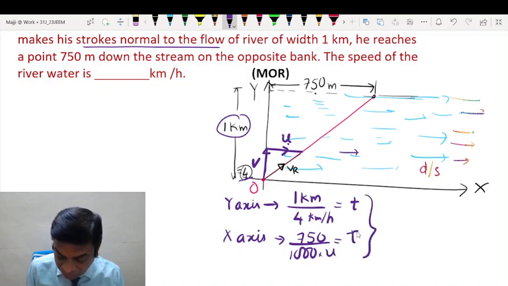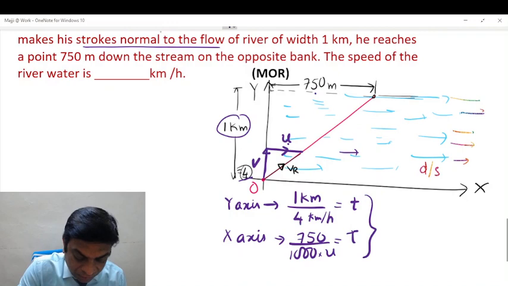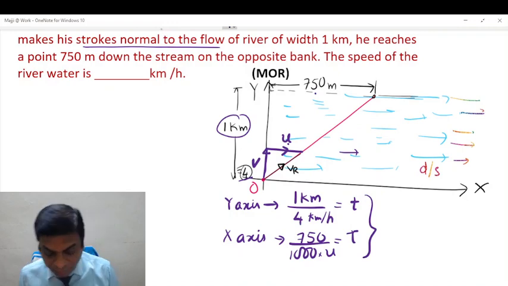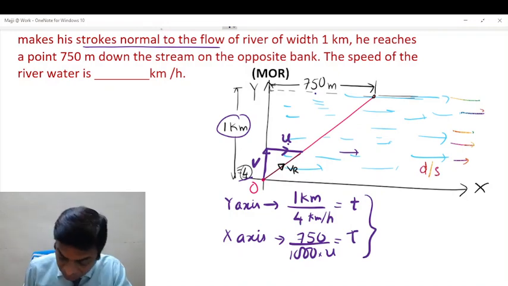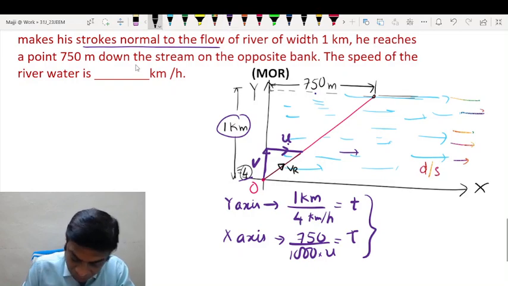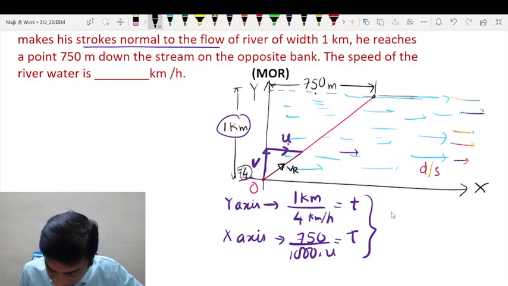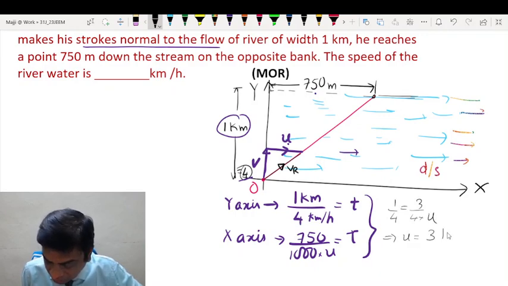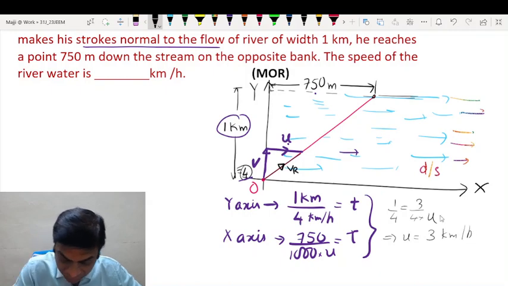So if you equate these two, you will get 1 by 4 is equal to 3 by 4 u, which implies u is equal to 3 kilometers per hour, of course. This I have cancelled with the 3s and 4s.